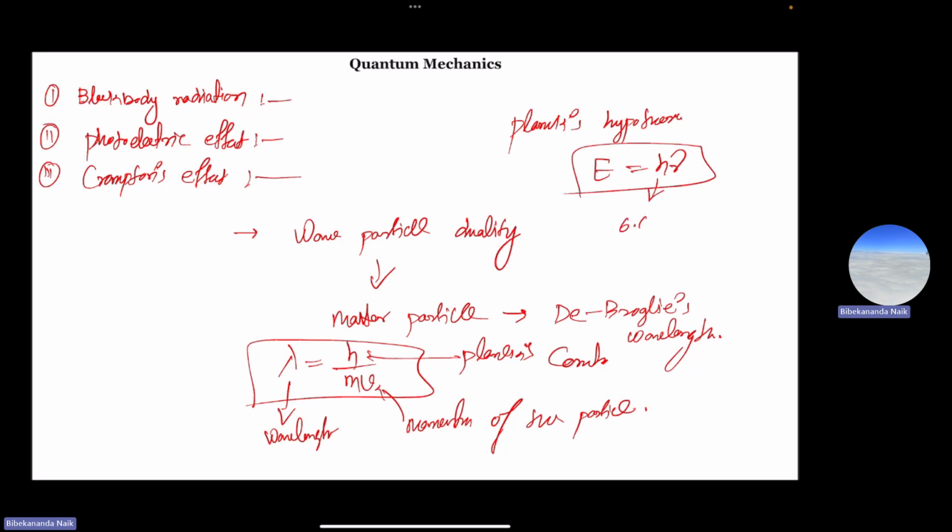Planck's constant has the value 6.62 into 10 to the power minus 34 joule second, and this is the frequency. So the frequency is equivalent to energy, and the energy is also quantized. So basically we can say E equals n h nu, where n is 1, 2, 3 and so on.